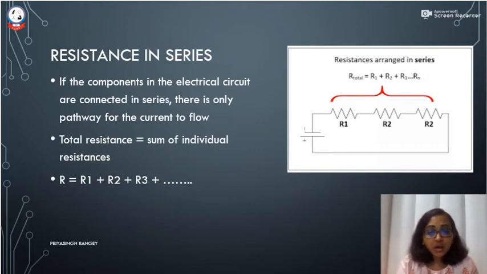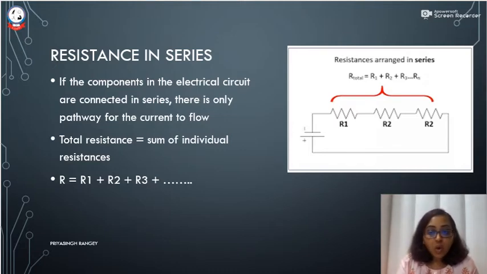So when we are connecting this arrangement of resistance in series to a potential difference, what are we going to get? We are going to get a flow of current. Now this current will have to pass through each and every individual resistance in order to move from one end to the other, that is to move from the positive end to the negative end.